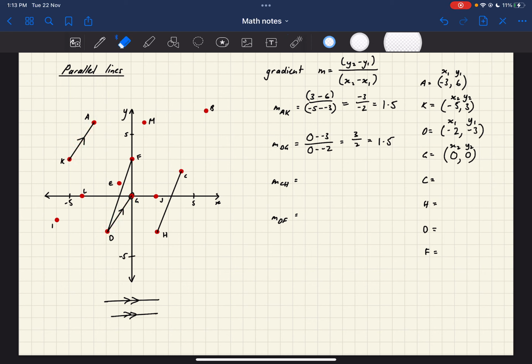For C and H, we've got 4, 2, x1, y1, and H is 2, negative 3, x2, y2. And then we put that in our equation, so we've got negative 3 minus 2 over 2 minus 4.